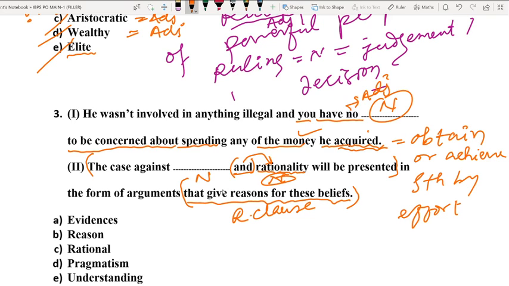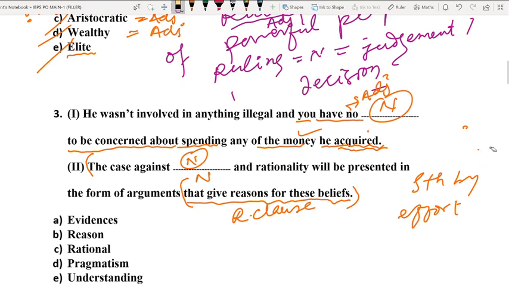This is quite clear, right? So now we need a word which is a noun here, gives a positive meaning, and is more or less synonymous with the word rationality. Clear?